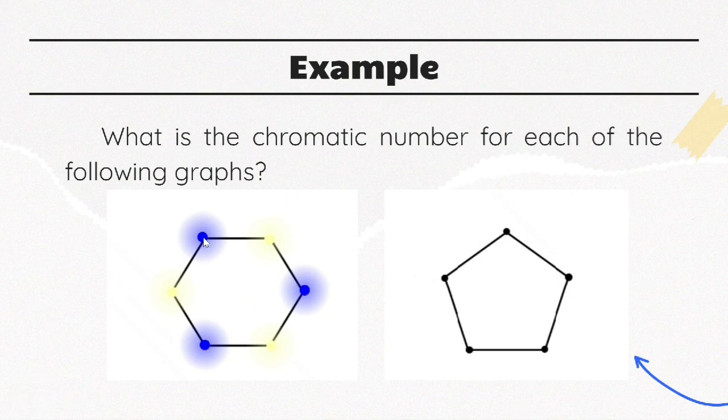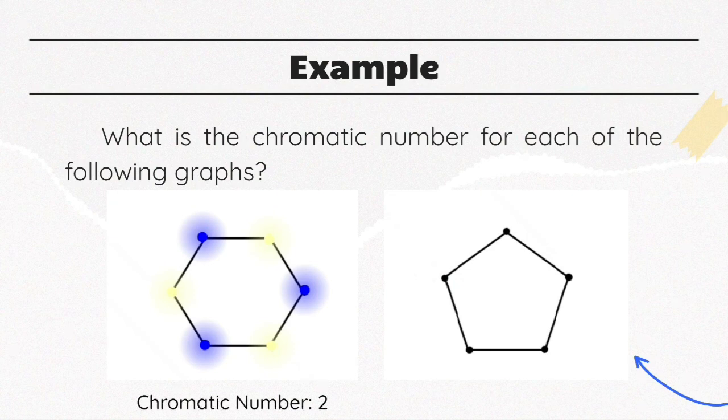But this blue vertex and this yellow vertex could not be of the same color since they are adjacent, as well as the yellow here and the blue here. So the chromatic number for this graph, since it is composed of two colors, is 2.